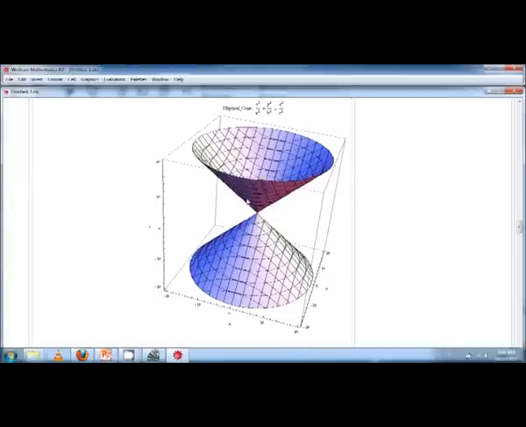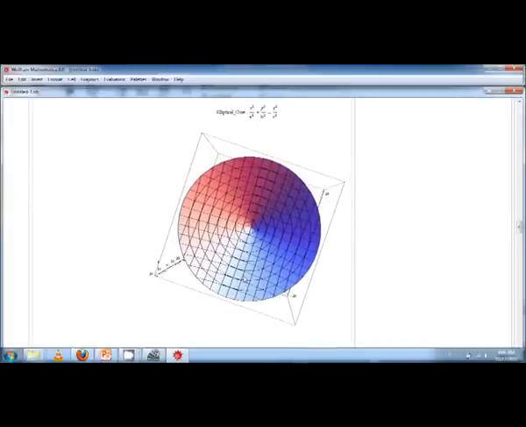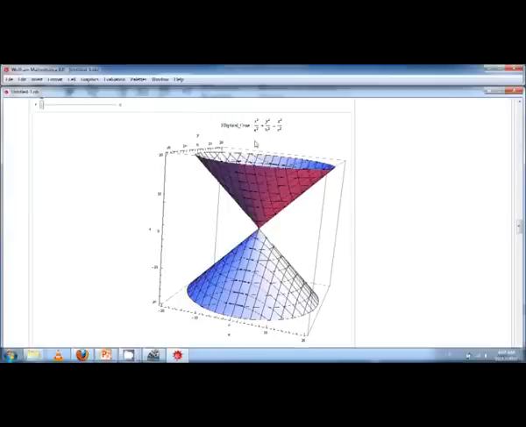Now as you can see, the xy trace gives you an ellipse. But when z is equal to 0, this results only in a point.